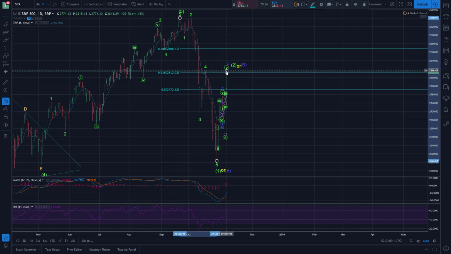Now, I really don't think that that's what we're working here. And ideally, we find a peak here quite soon. It would be almost too perfect if we just found it right here on the 618 and started turning down. But maybe somewhere in between the 618 and the 786, you see that fairly often.